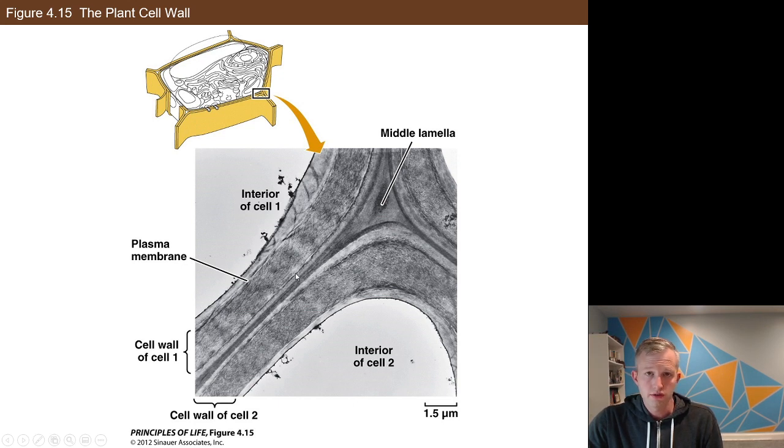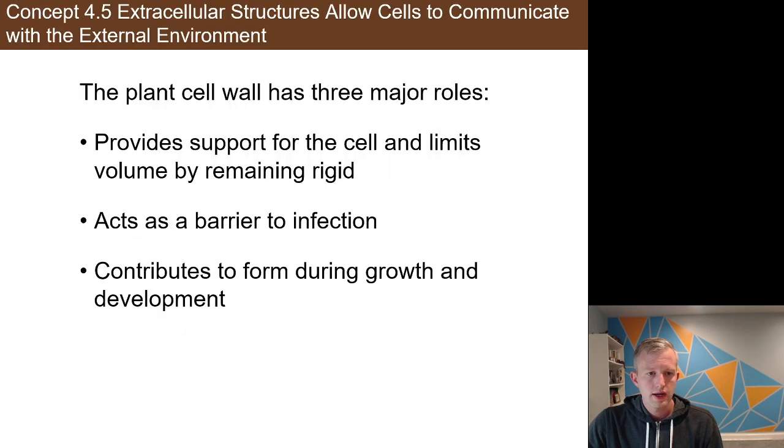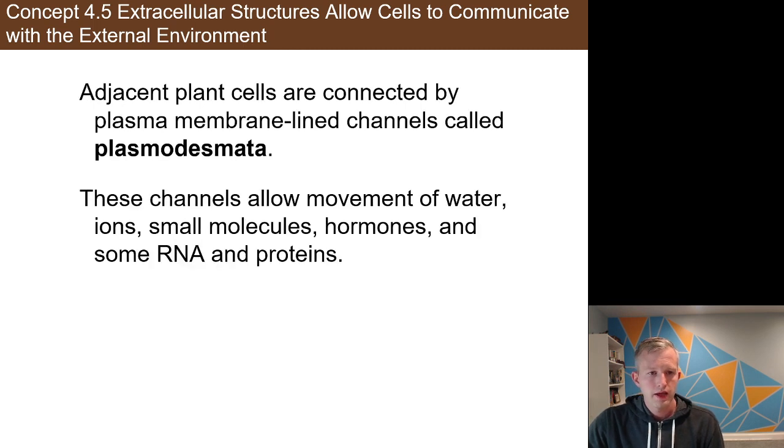However, it still does serve to protect the cell itself from larger harmful materials and potentially dangerous pathogens and things. And then it also contributes to the general form that plants grow into by sort of defining this shape that the plant will grow to fill.